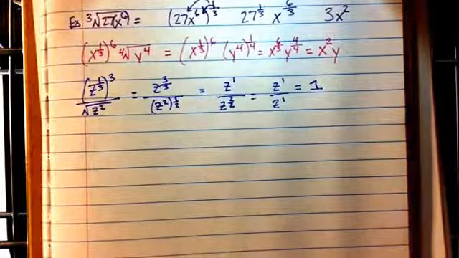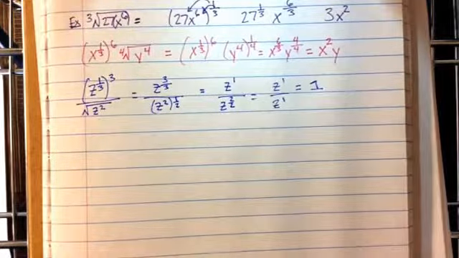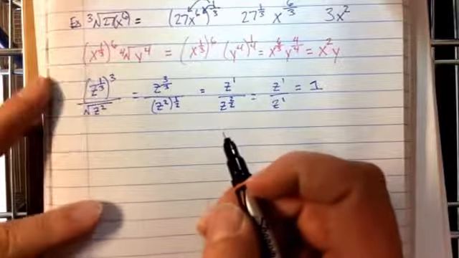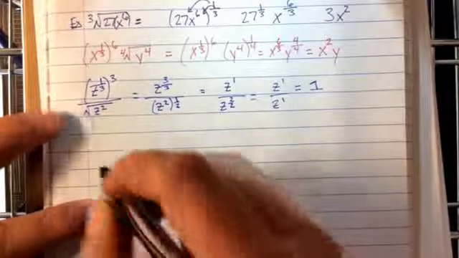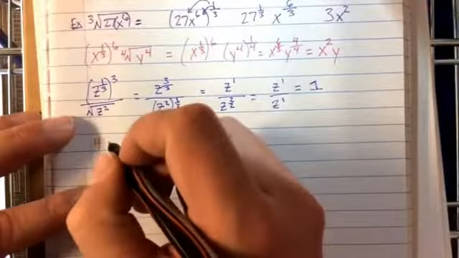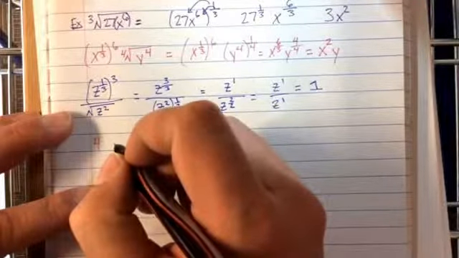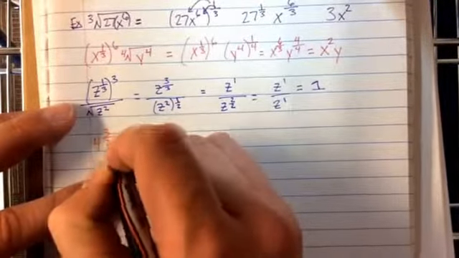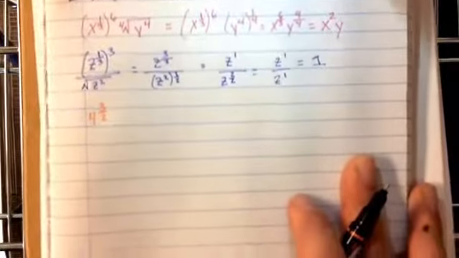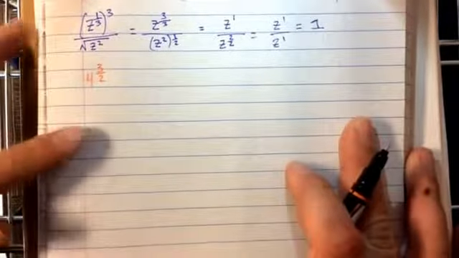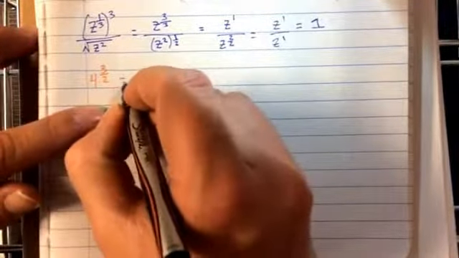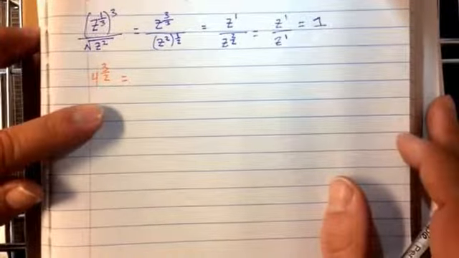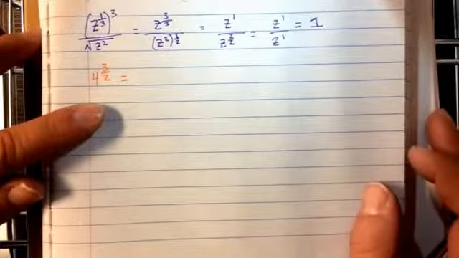Let's try another one. Let's say we have 4 to the 3/2 power. How can we change this?